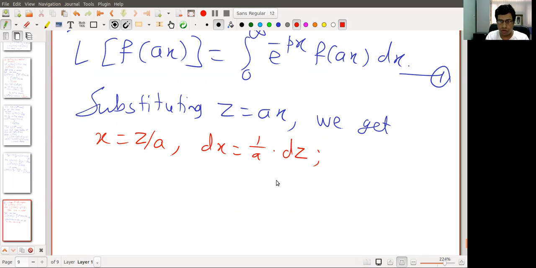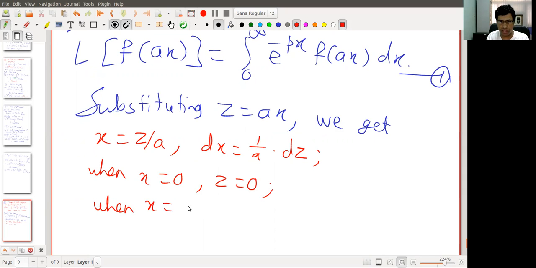Further, we can see the limits. When x equal to 0, z is a into x, that is z is also 0.